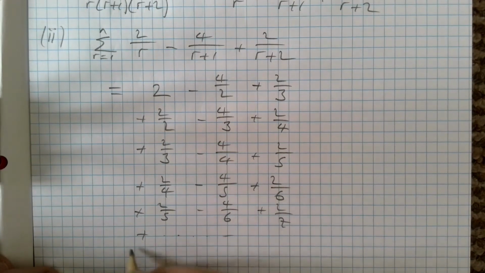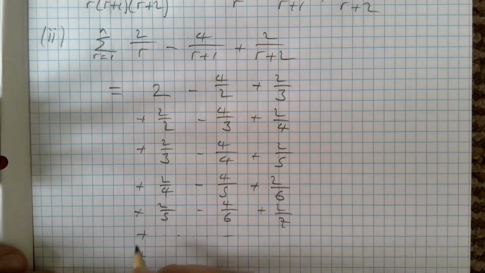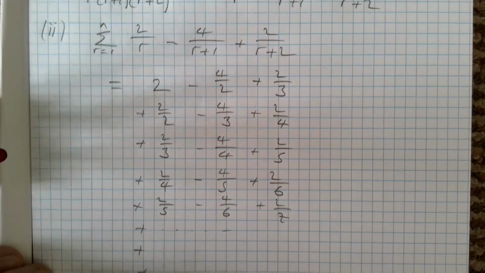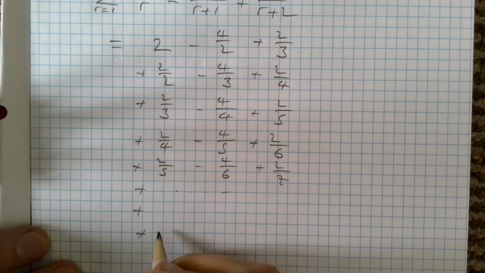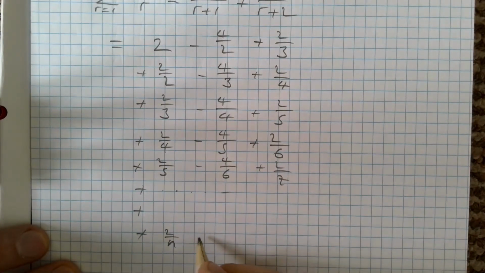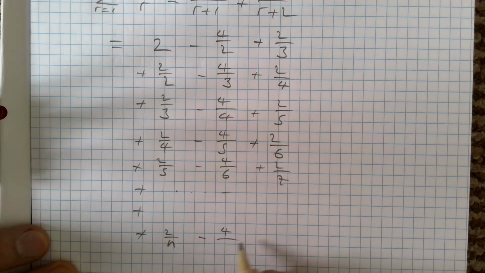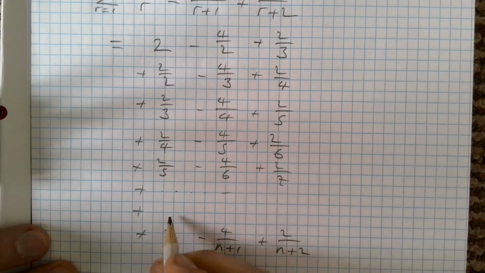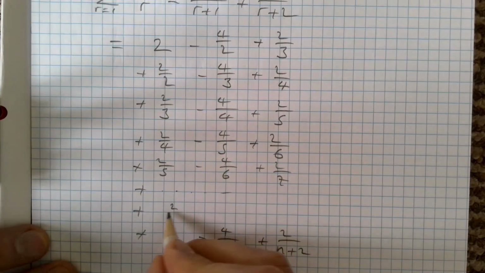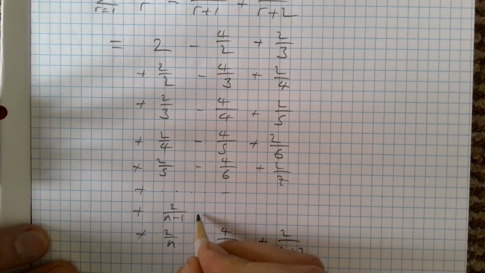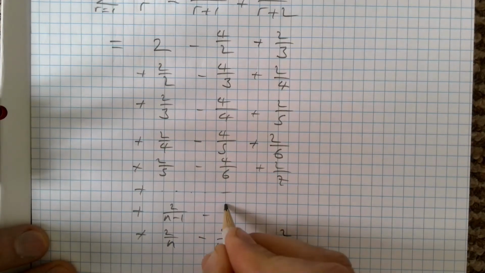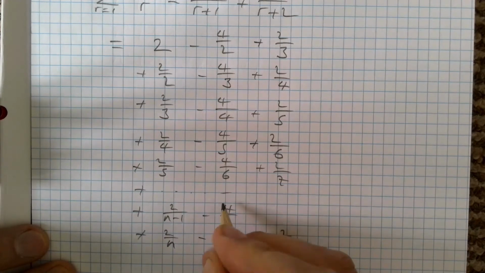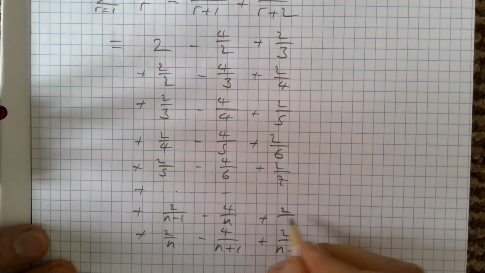Plus dot dot dot, and then for our usual thing, we're going to sub in n. So this will of course be 2 over n minus 4 over n plus 1 plus 2 over n plus 2. The previous term would be 2 over n minus 1 minus 4 over n. The previous term here, 2 over n plus 1.